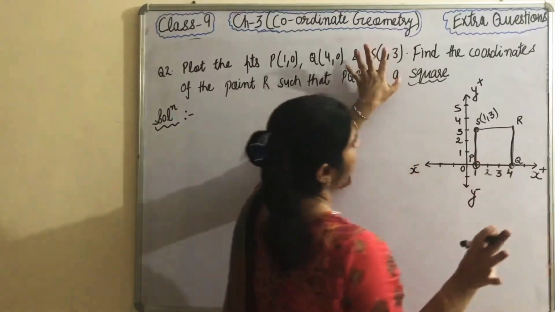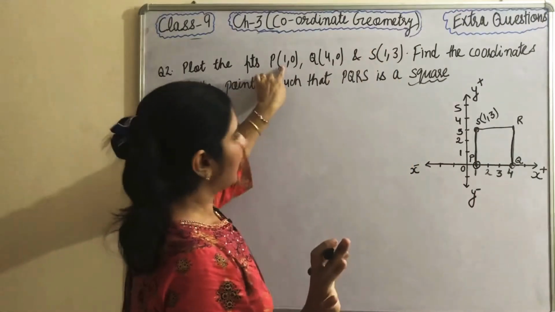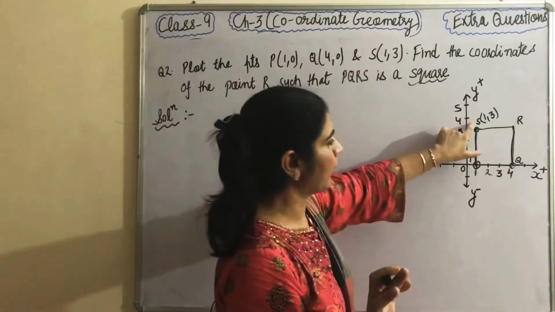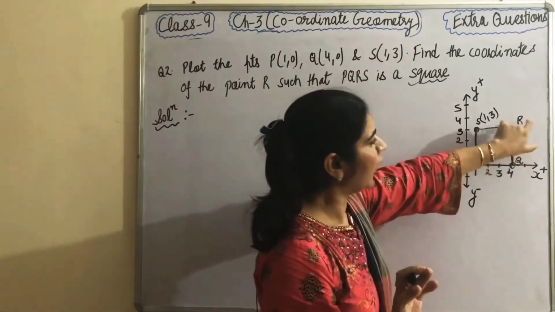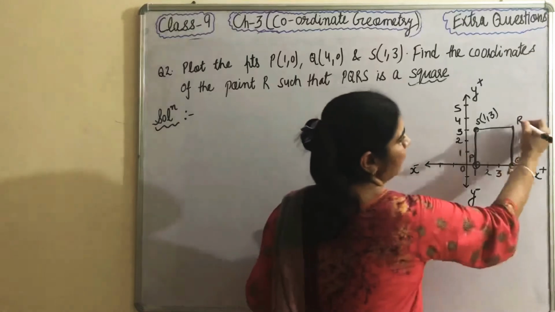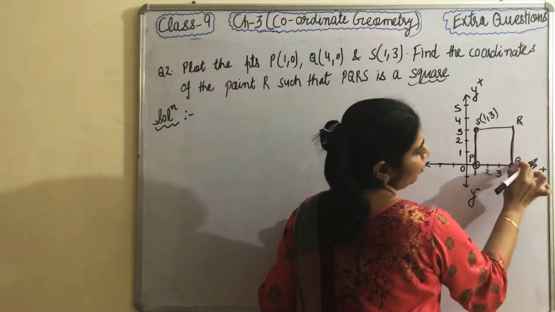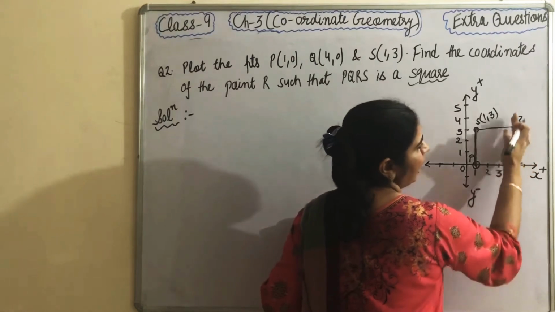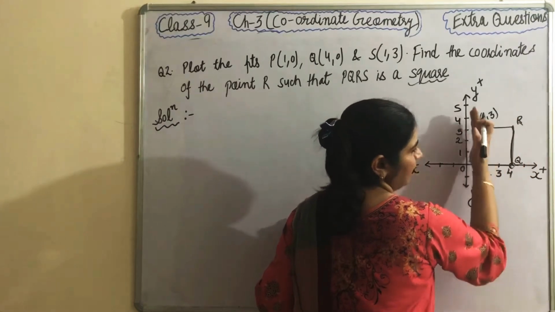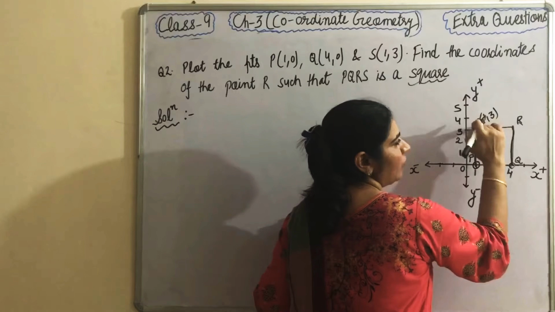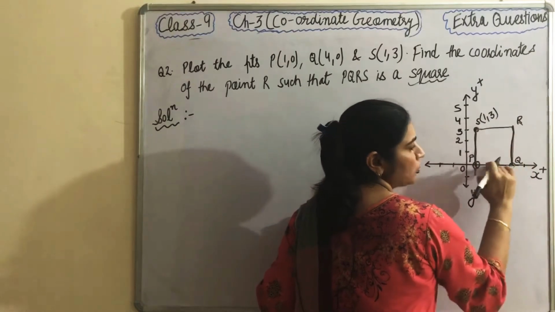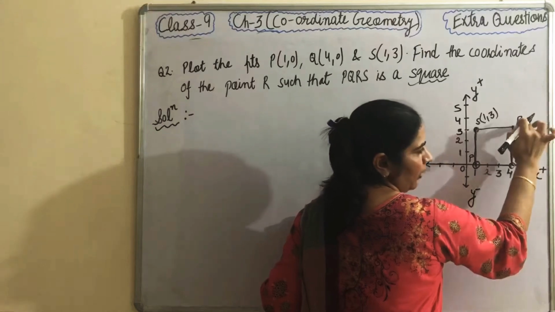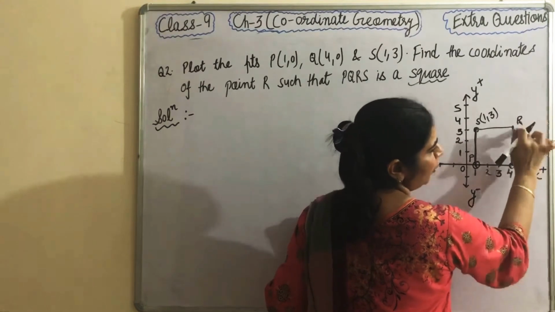I had taken the first, second and third points. Now for the fourth point R, with the help of Q we have taken a line parallel to PS, and with S a line parallel to PQ, and both lines intersect at a point R. Now we have to find the coordinates of R.